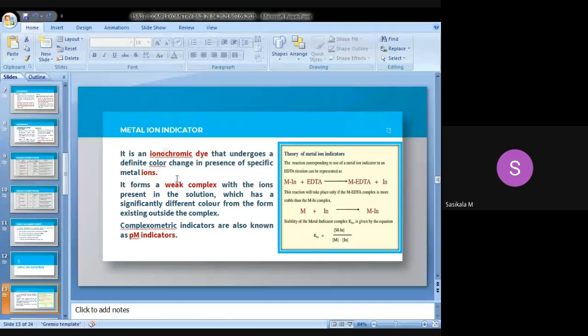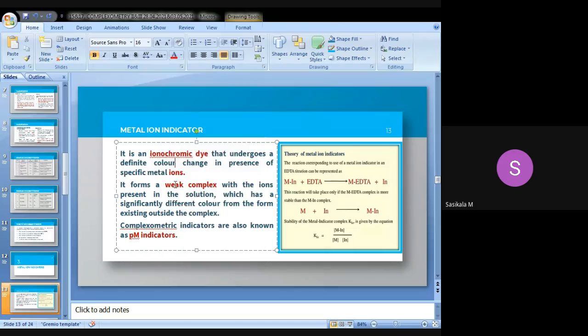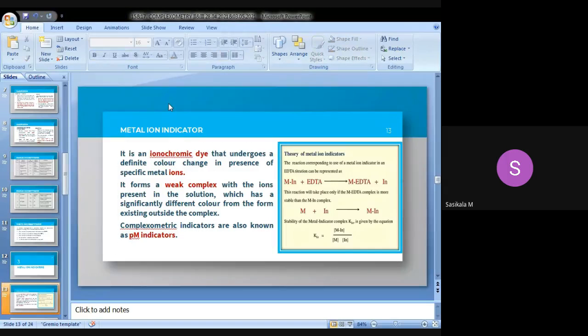So when the indicator is binding with any metal ion, it forms a complex, and that will lead to a different color change. So that we take as the indicator color change, and it forms a weak complex.